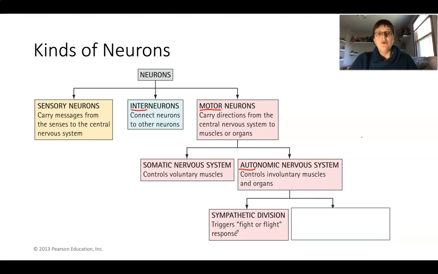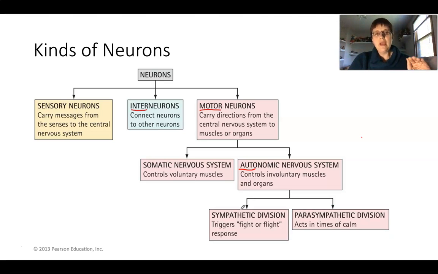And so sometimes you've got what we call the sympathetic division that gets triggered. These are the triggers basically for fight or flight. So if you have a scare or you get a shot of adrenaline, these are going to trigger your system to basically go into this fight or flight response, and we'll take a look at what that means.